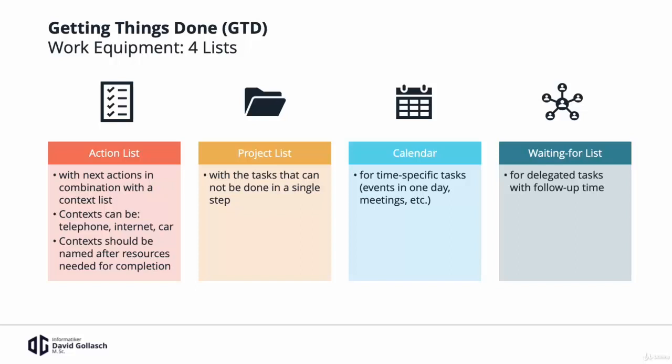So, for example, if there are several phone calls on your list for today, then maybe it might be a smart idea to bundle them into one action, so that when you pick up your phone, you fulfill all the tasks related to phone calls, if that's possible, in one step. And that will help you to be more efficient there.